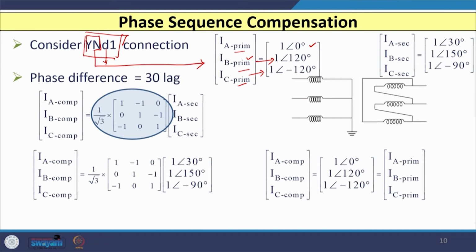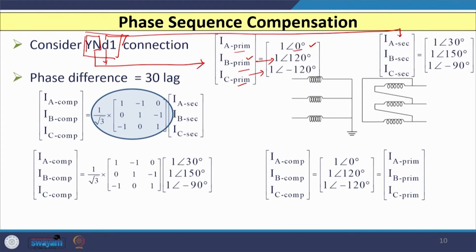Now, on the other hand, if I consider the delta side currents, which I have denoted as secondary, my IA secondary will be... as I told you, the meaning of Y and D1 is that my delta side phasor is again lagging by an angle of 30 degrees with reference to the star side.